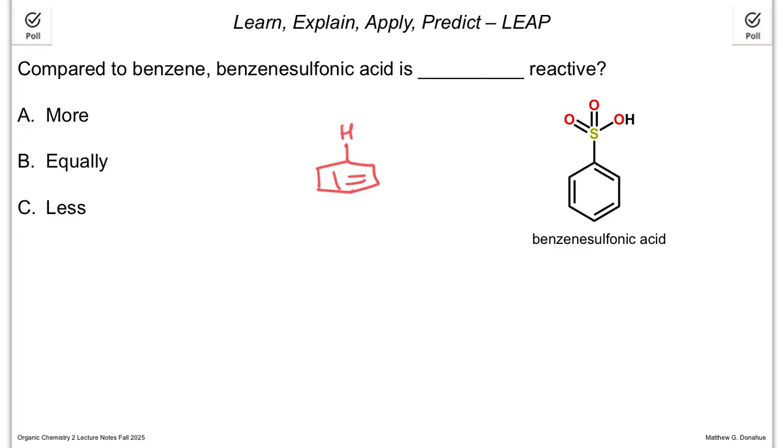So if we were ranking benzene versus benzene sulfonic acid, really looking at the nature of the H versus the SO3H, how does that group affect the reactivity of the ring?